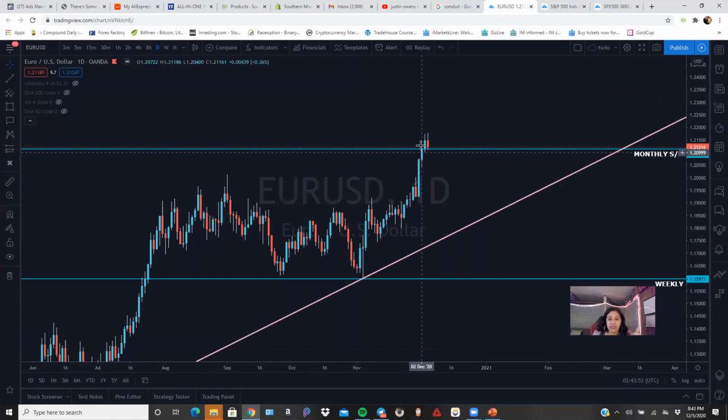So now we see that it broke out of this resistance and it's coming back to this resistance to test it, to see if it was an actual true breakout or if we're going to just fade back into here so that we can get a better buy price, because you must understand that the banks don't want to buy up here.